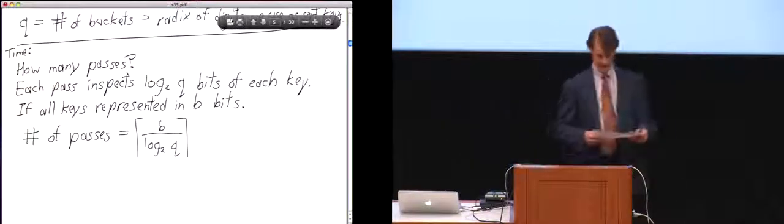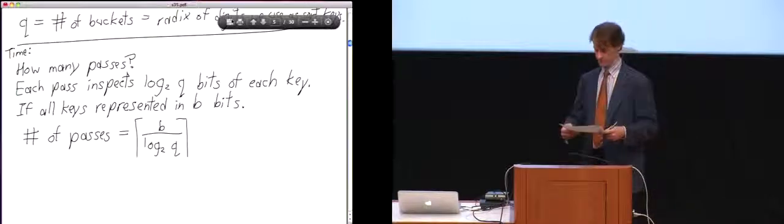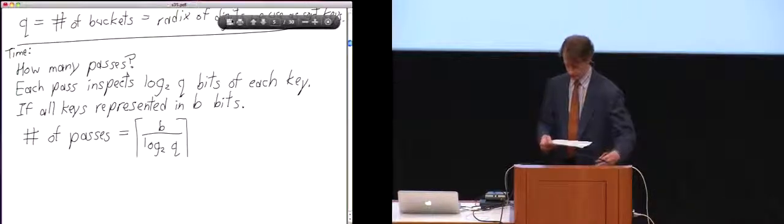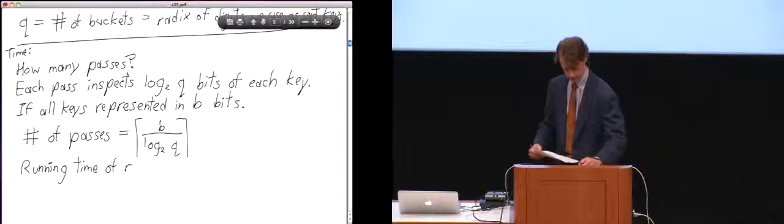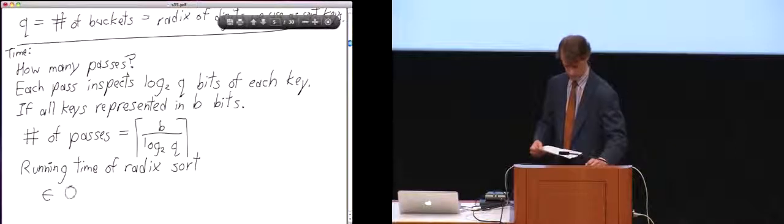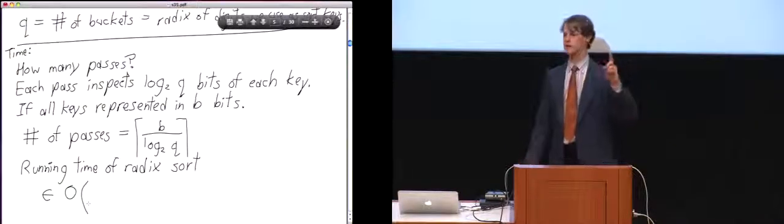So that's the number of passes, and then the running time of radix sort is in big O of, well, how long does one pass of bucket sort take?